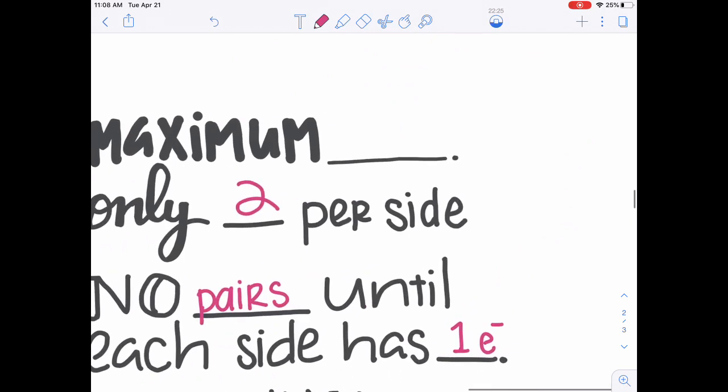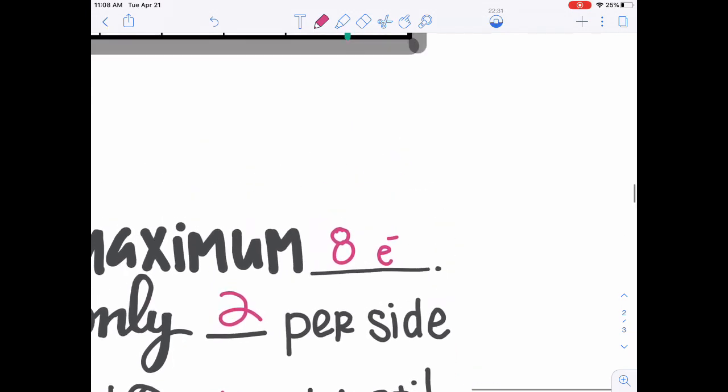And we have a maximum of 8 electrons, no matter what.